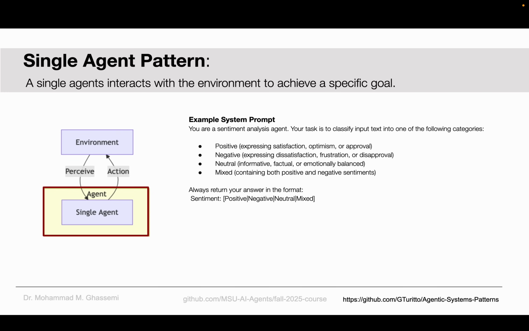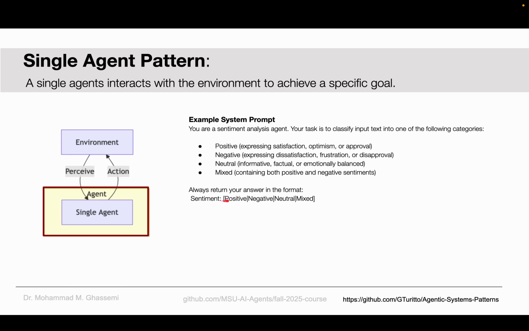For the sake of clarity, a system prompt in the case of the sentiment analysis agent might look something like what you're seeing on the right-hand side here. So we would specify that the task is to classify input text, and we list some of the classes we're interested in. These are the usual suspects: positive, negative, neutral, and mixed. We might also indicate how we want the answer format to look in the response.